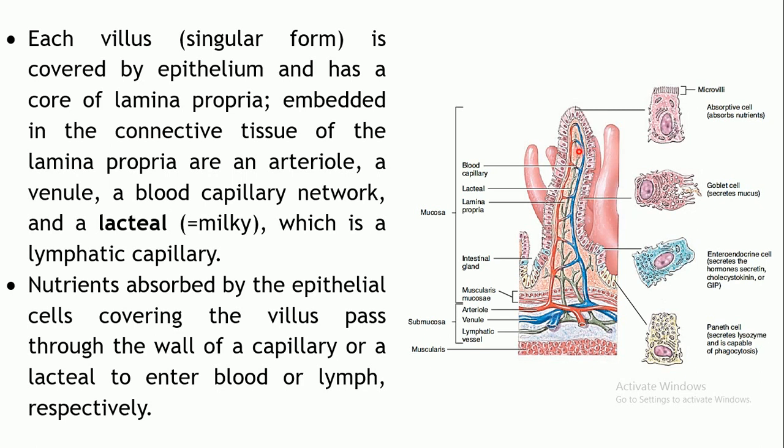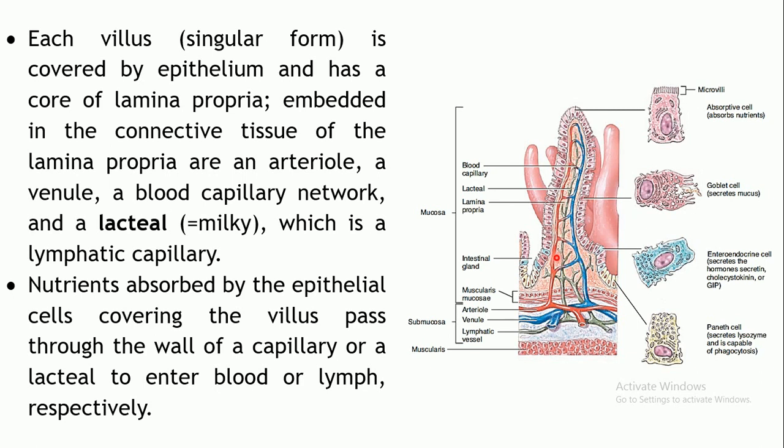Now, what is the role of these blood vessels and lymphatic capillary over here? Why are they present in the villi? Why are they extending into the villi? The villi increase the surface area for absorption, right? So whatever nutrients are absorbed, where will they go? They will get absorbed into these epithelial cells, and move into either the blood vessels or the lymphatic capillary.